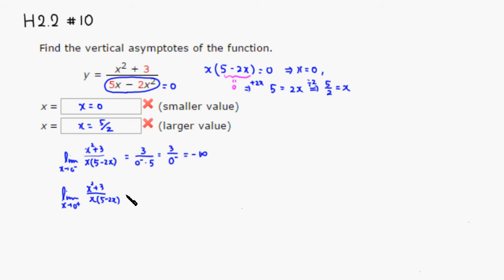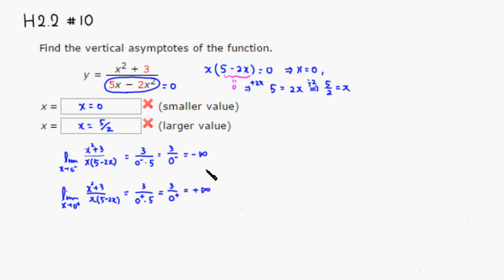The other side works the same way: 3 over 0 from the positive side times 5. Positive divided by positive is positive, so 3 divided by 0 is going to be big and positive. So we have that behavior.